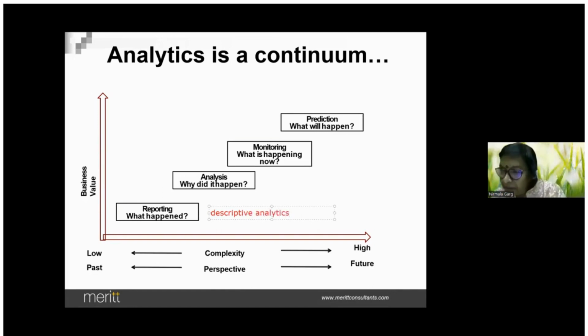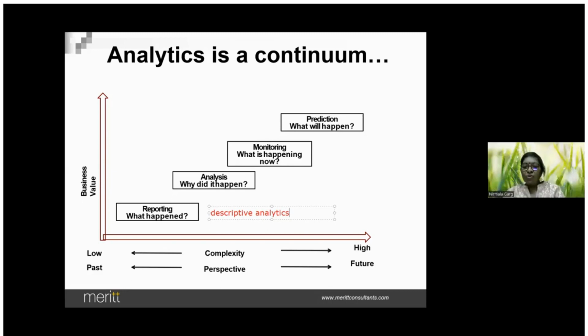So what do we do here? Sure, Jayesh, what do we do in descriptive analytics? Whatever has happened, we just explain or demonstrate, show that. Whatever has already happened, we just represent it in data format.